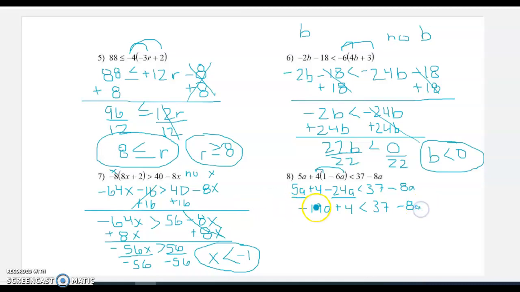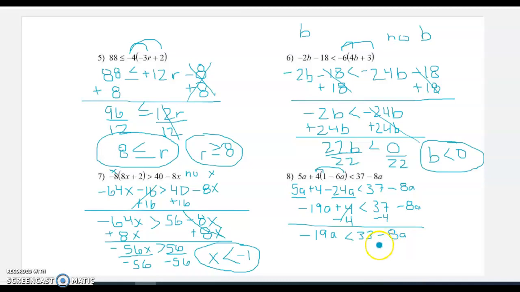So then on the left here, this is my a side. So sorry, 4, you don't belong. So to move a positive 4, I would subtract 4 on both sides. So now I'm at negative 19a still. The 4 moved over. So less than 37 minus 4 is 33. And then I still have minus 8a.